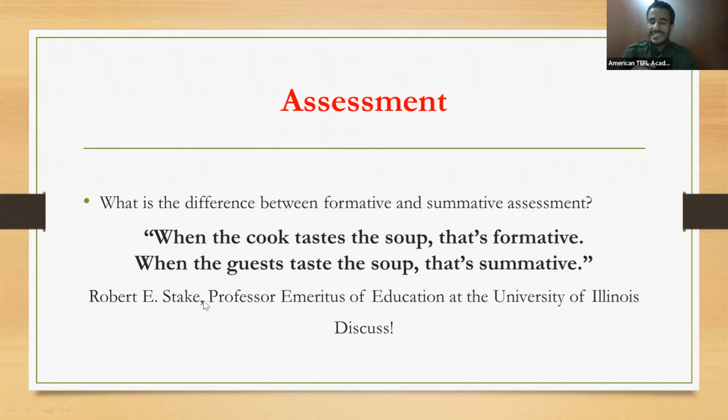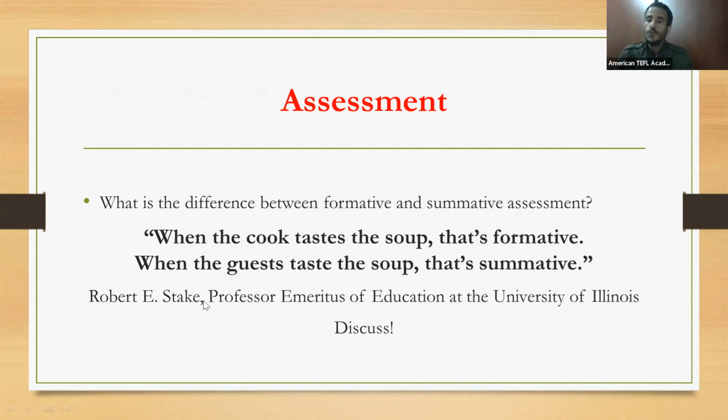Formative assessment is like when the cook tastes, it is during the sessions. It's like your best friend, every time with you. The formative assessment tells you if the learner is progressing or not.